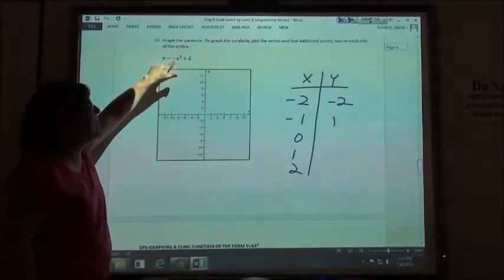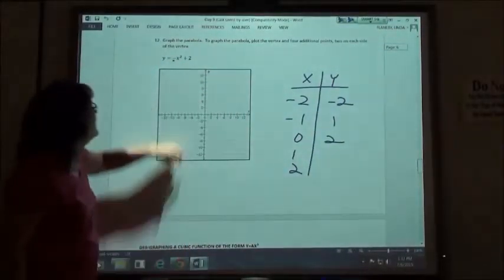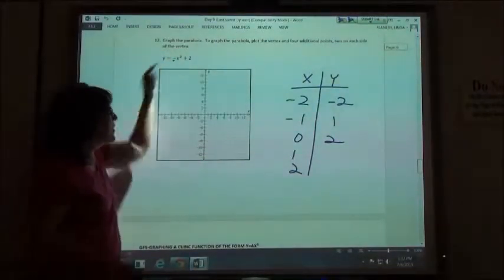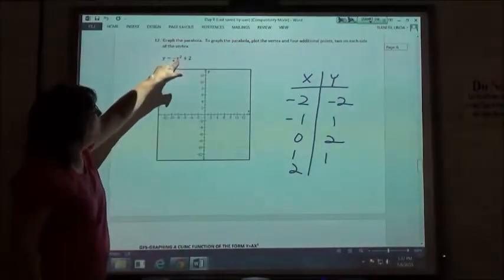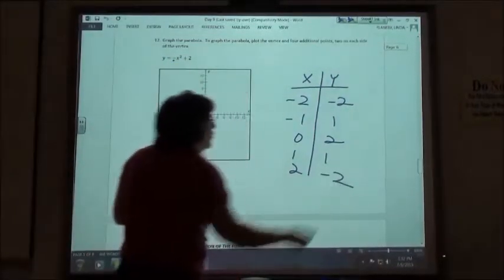You really don't have a negative 0. 0 plus 2 is going to give me 2. 1 squared is 1, but I've got the negative, so negative 1 plus 2 is 1. 2 squared is 4, but I have the negative, so negative 4 plus 2, negative 2.